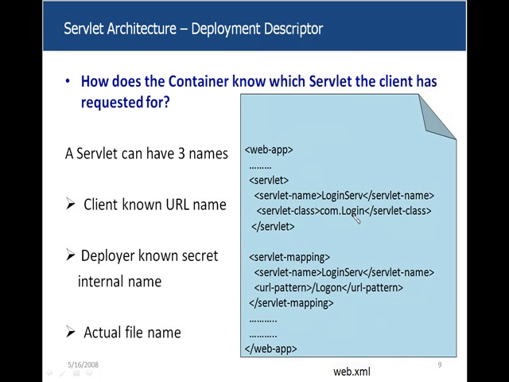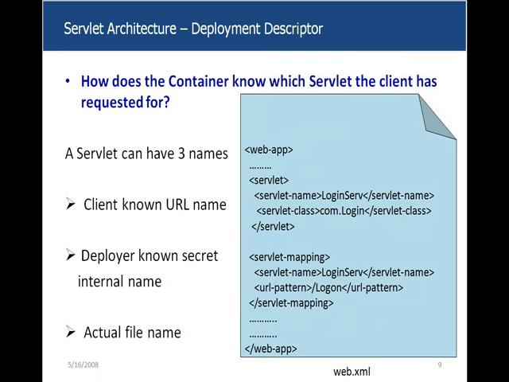You want the client to give a simple name. Instead of giving a yahoo.com URL, say you gave com.yahoo.login servlet, that would be very difficult for the client to understand. So you want simplicity there. That is one reason.